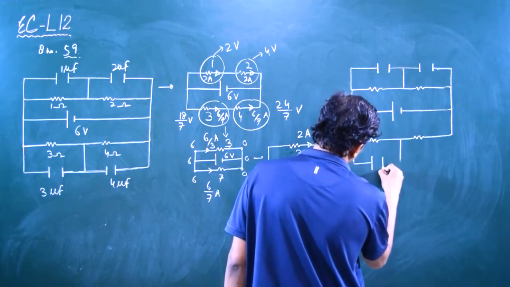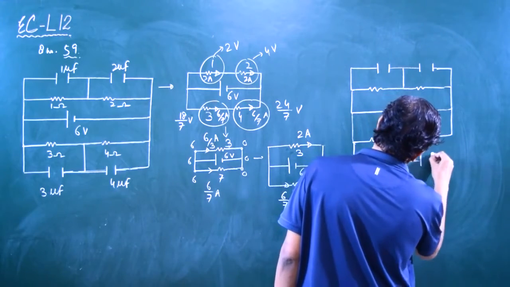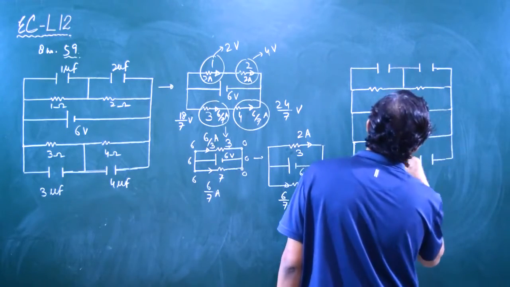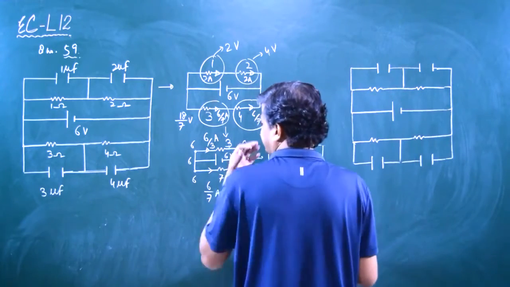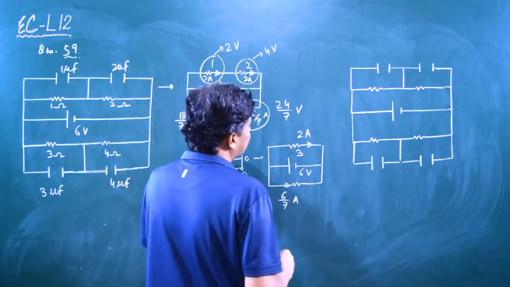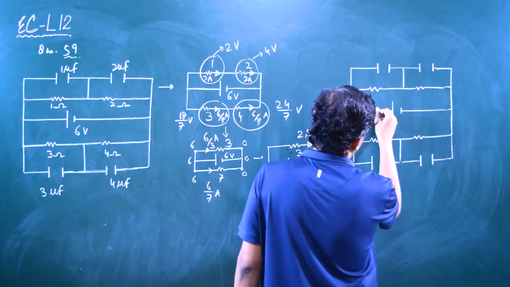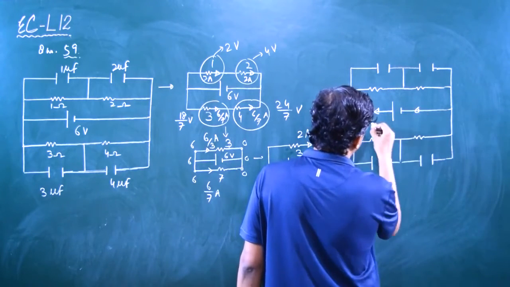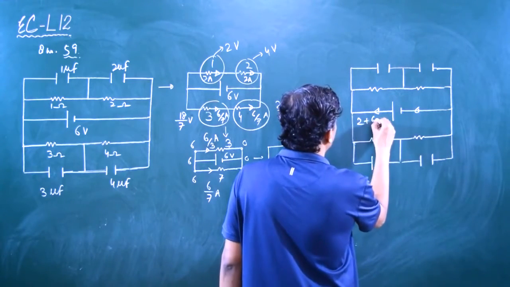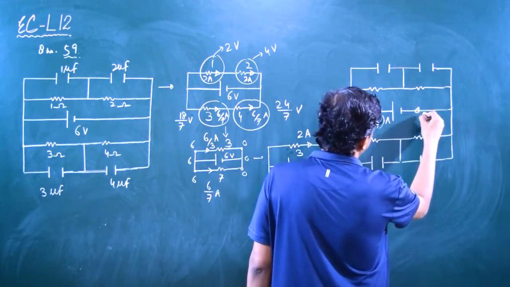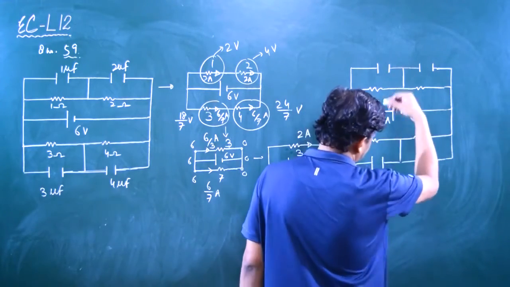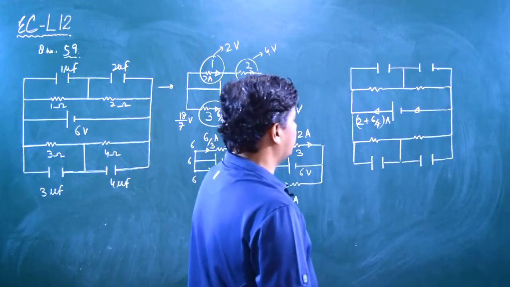And this was the lower part. Okay, here current flowing was 2 ampere, and in the lower arm current was 6/7. So the current transferred to the circuit is 2 plus 6/7 ampere. That is the current transfer to the upper and lower part of the circuit.